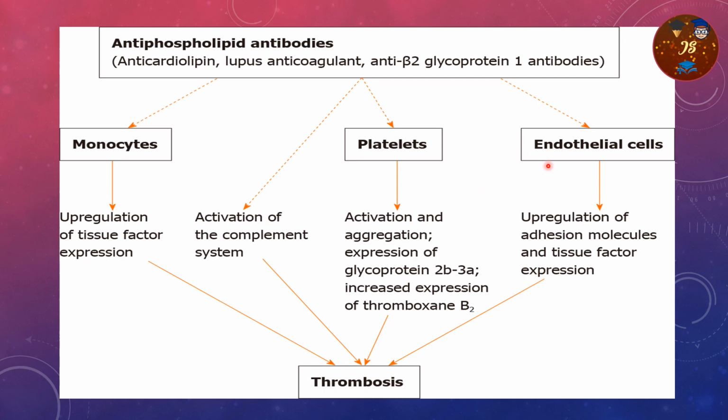In endothelial cells, upregulation of adhesion molecules and tissue factor expression ultimately leads to thrombosis. So the main aim of these antibodies, working on monocytes, platelets or endothelial cells, or directly, is to cause coagulation inside the arteries and veins, which is known as thrombosis. This is how it works.